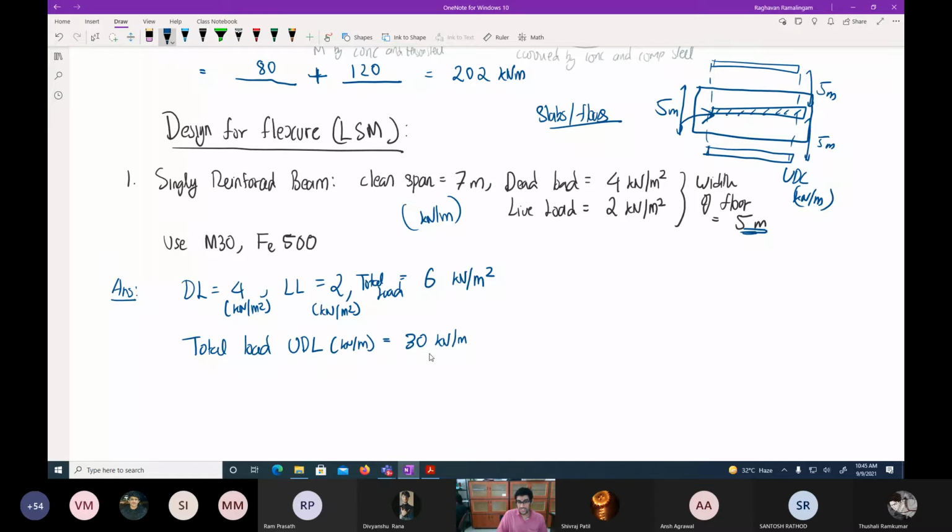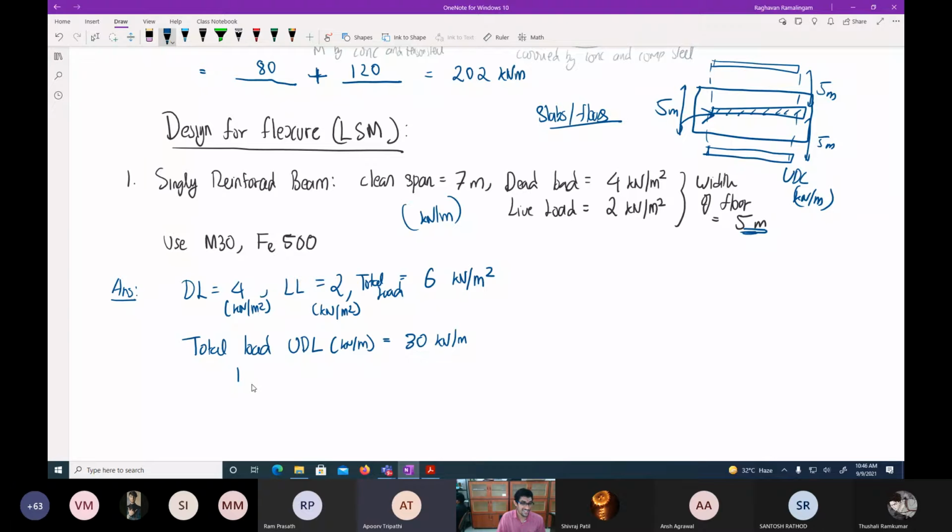Can I just use this 30 or should I do something to this? Generally, what did I tell you? When you have a load, you have to multiply by a factor of safety.